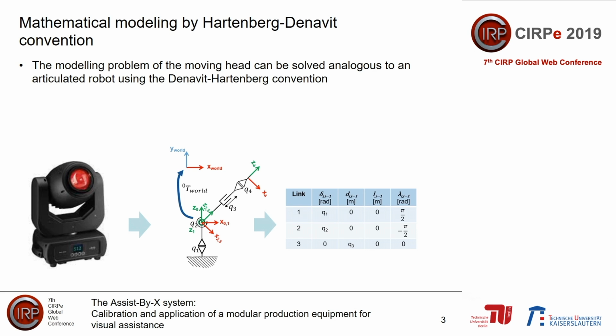Each joint of the kinematic is modeled by a coordinate system, where delta i-1 and d i-1 denote respectively a rotation and translation about the z i-1 axis. Furthermore, lambda i-1 and L i-1 represent respectively a rotation and translation about the x i axis.